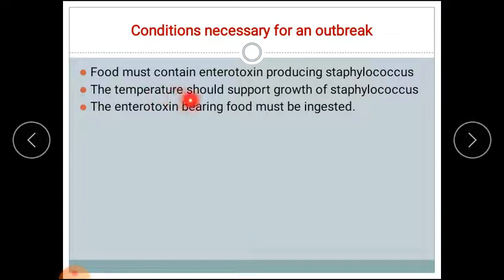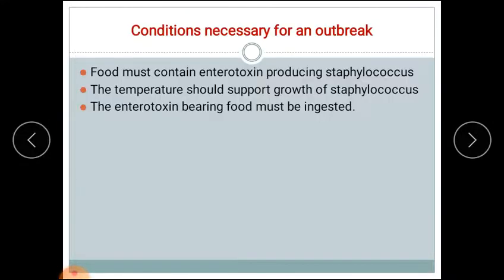Similarly, the food should have a temperature which will support the growth of the organism, that is staph. And in short, the person ingesting enterotoxin food, only that person will have the symptoms. That is, enterotoxin bearing food must be ingested to have the symptoms of food poisoning.